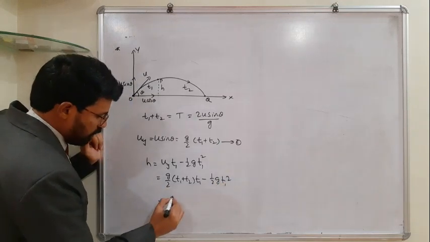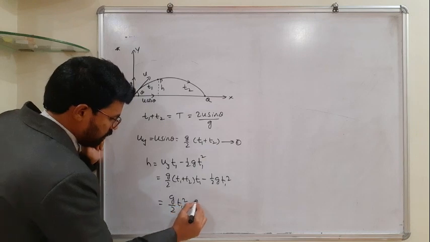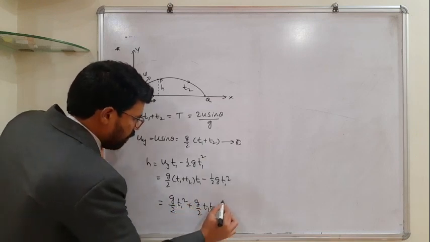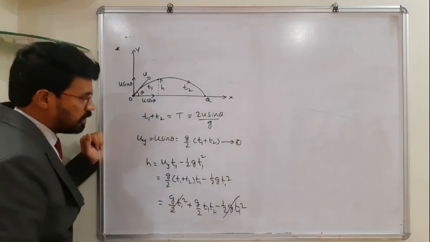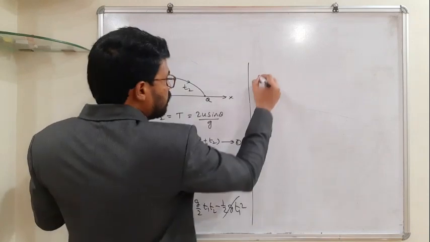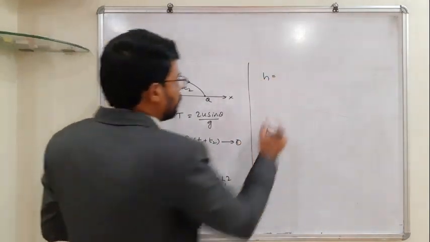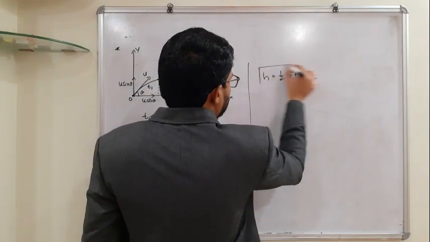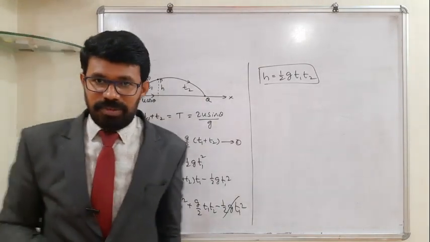Let us simplify this: g by 2 t1 square plus g by 2 t1 t2 minus half g t1 square. This term gets cancelled. Therefore, finally, what you have ended up with is h equal to half g t1 t2. So this is the height equation in terms of times.